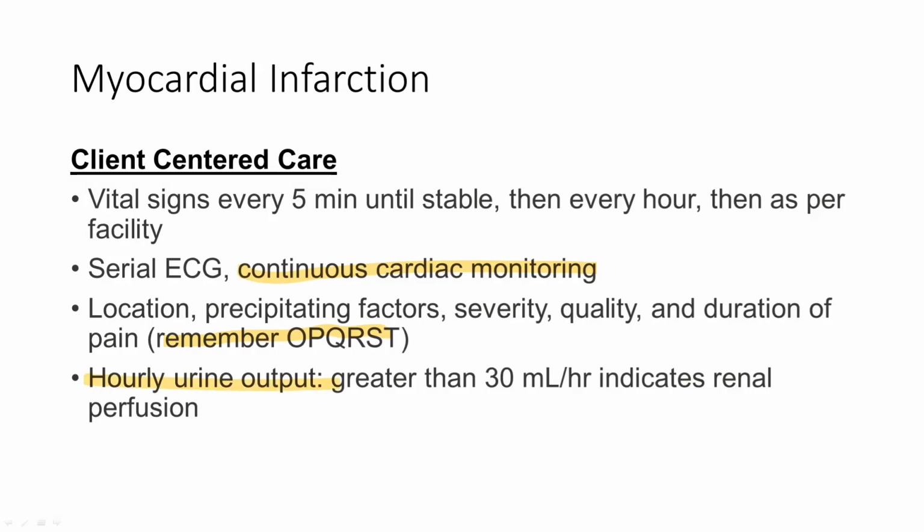And then yet again, we've talked about it extensively that kidneys are vital to what the heart does, and the heart is vital to what the kidneys do. So we want to see our hourly urine outputs, at least initially, and in the ICU, and you want that to be greater than 30 milliliters an hour.